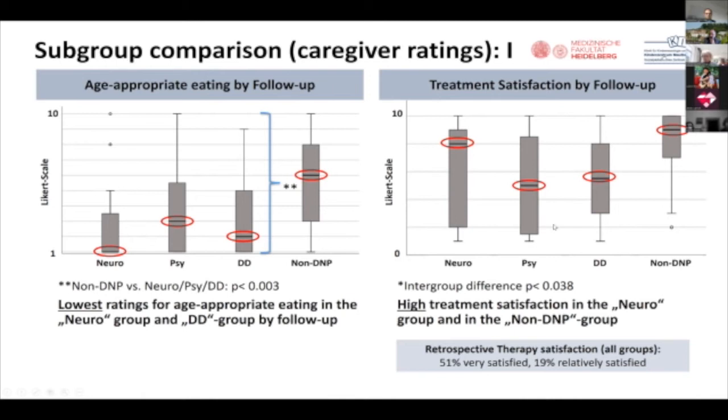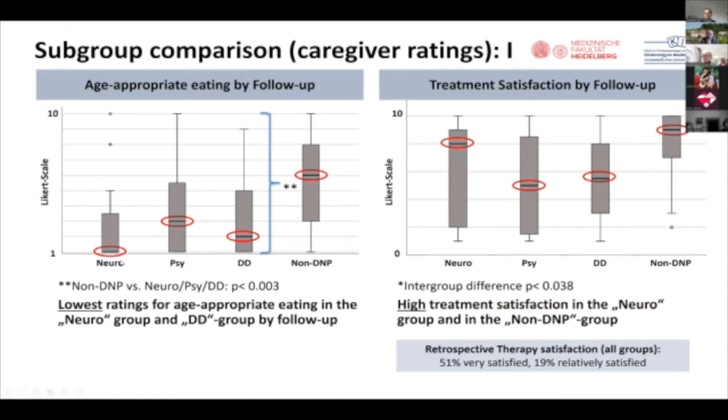And if you look at the other side, you see a fairly contradictory picture concerning the neuro group. The parents with severely disabled children, so there were often GMFCS 3 to 5 children, were among the group which was most satisfied with the treatment.